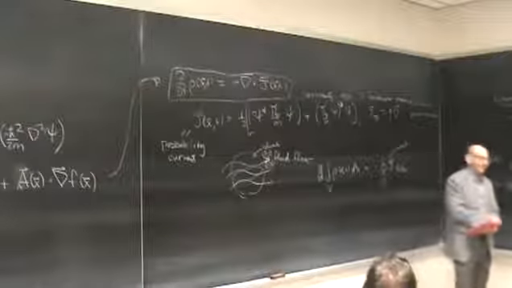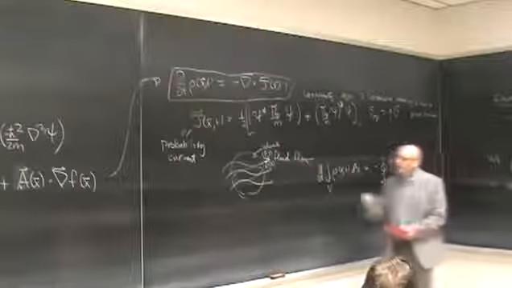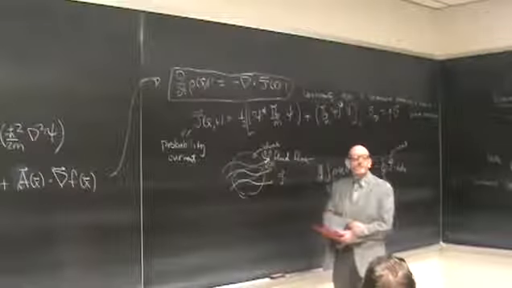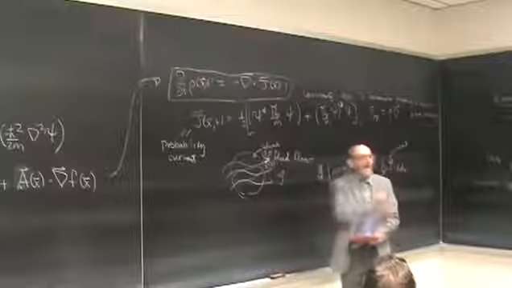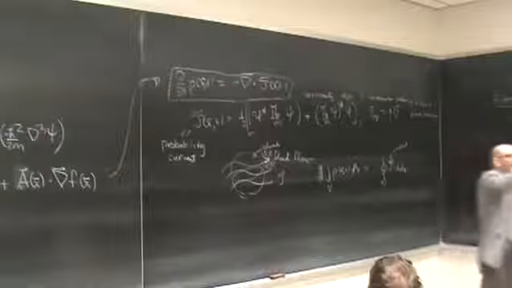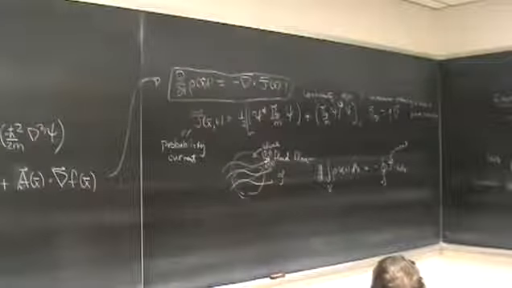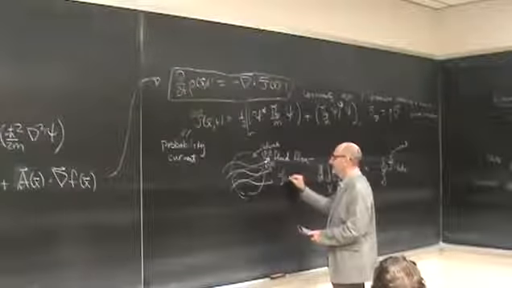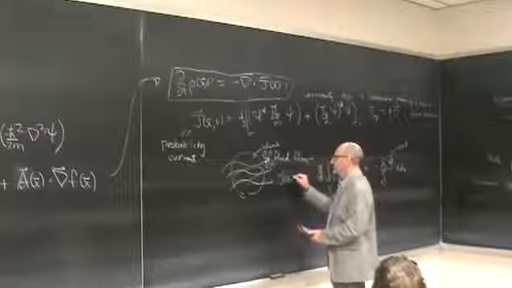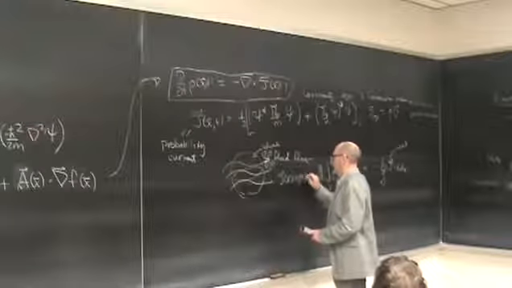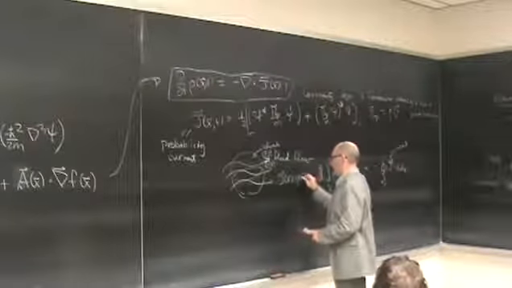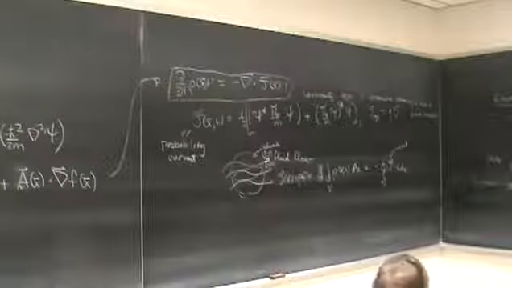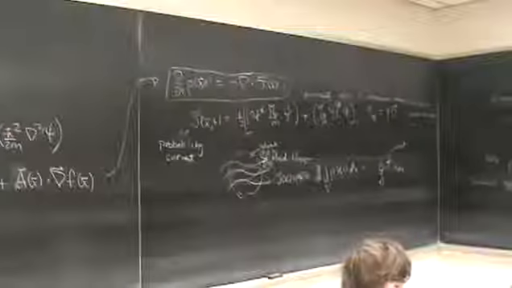I ask you, what is the local current density at that position? If I have fluid flowing, those who even know fluid dynamics should know this stuff. Rho times v. Rho times v.